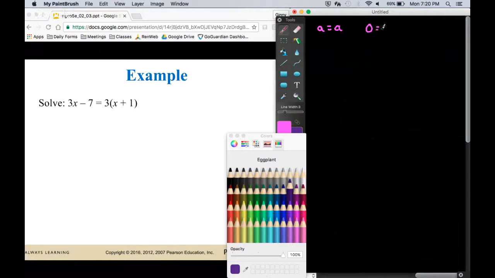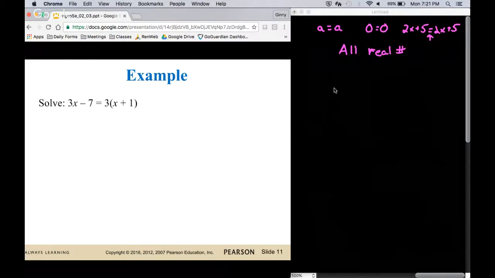So 0 equals 0 is an identity. 2x plus 5 equals 2x plus 5, that's an identity too. So if at any point you get an equation where on both sides of the equal sign it looks identical, you're going to know immediately that your solution is going to be all real numbers.